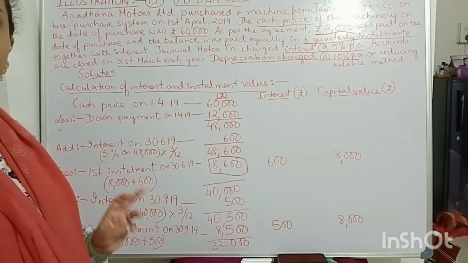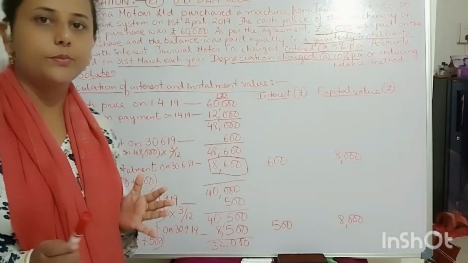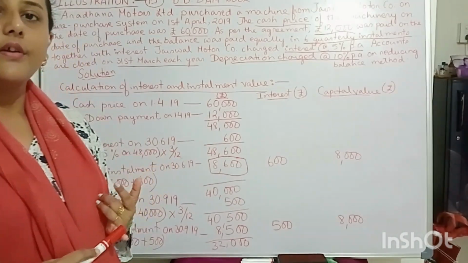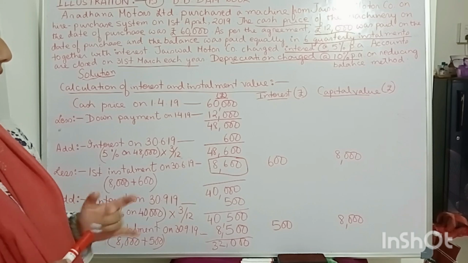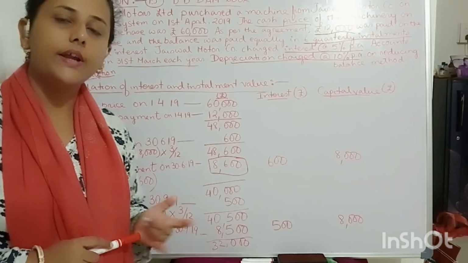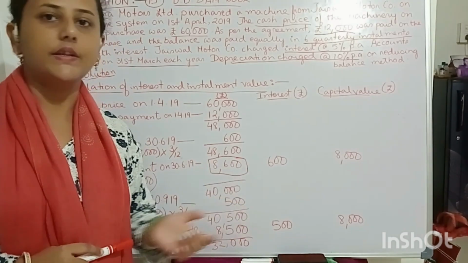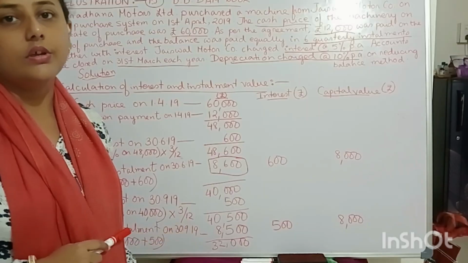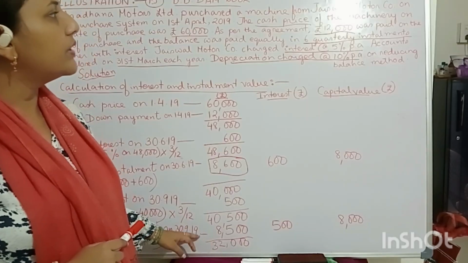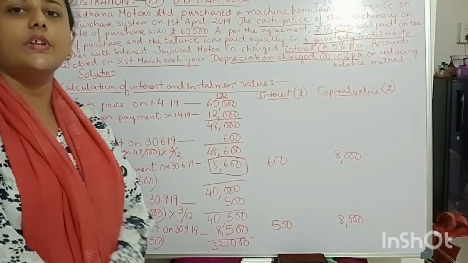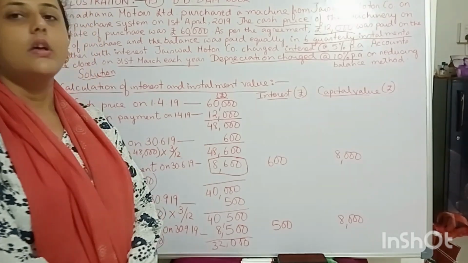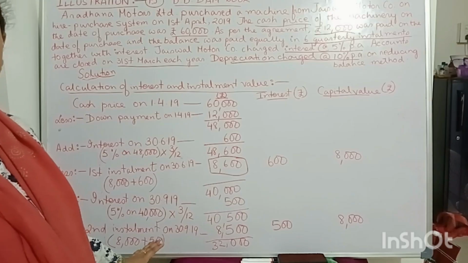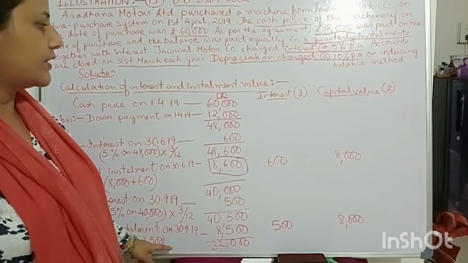It will be paid at the end of December, then again at the end of March the next year. Then again at the end of June and again at the end of September the next year. For the next 4 quarters, you are going to calculate the amount of interest as well as the amount of installment by yourself. The procedure is the same I have shown you. You are going to do it by yourself.